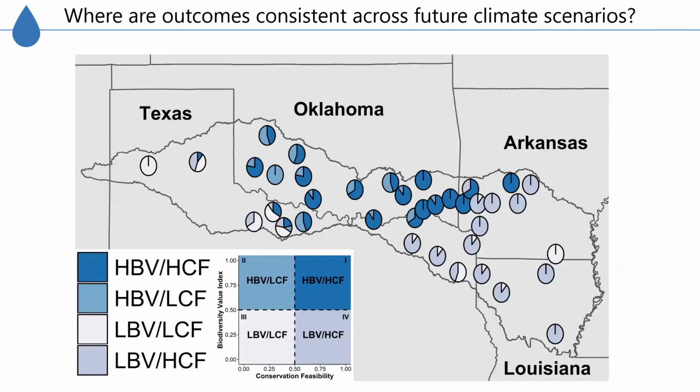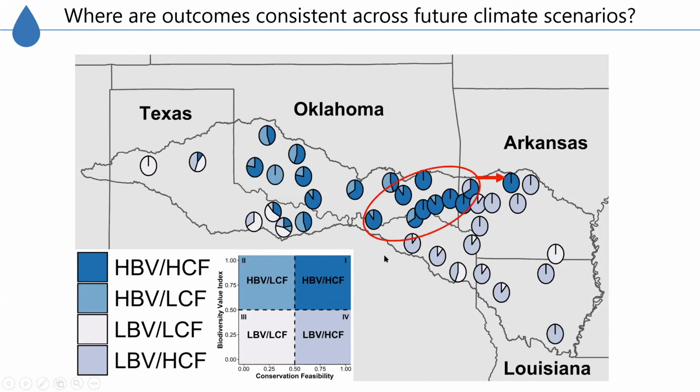A different way of looking at that, though, is to apply this conservation planning framework and look at what's the proportion of times that a site fell within each one of these quadrants, right? So each one of these pie charts is showing, out of those 9 future climate scenarios, how many times did it fall within each one of those quadrants.